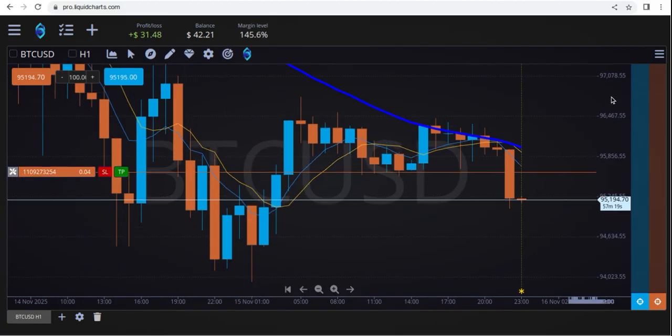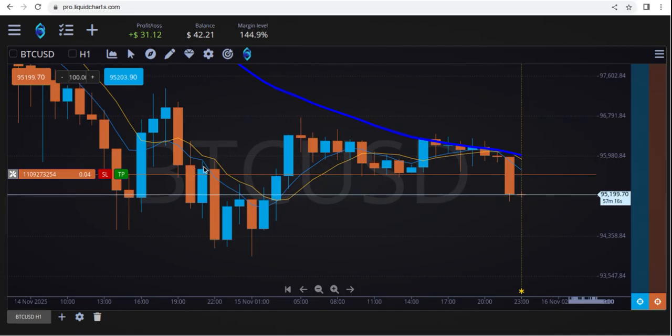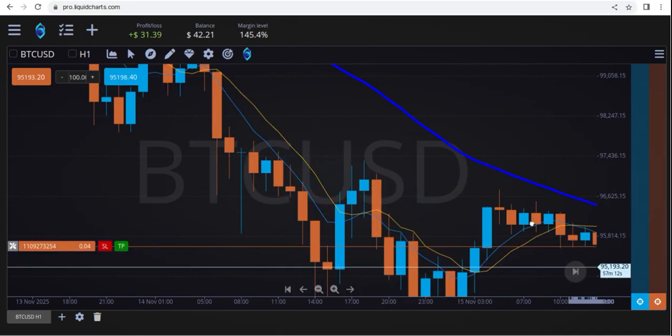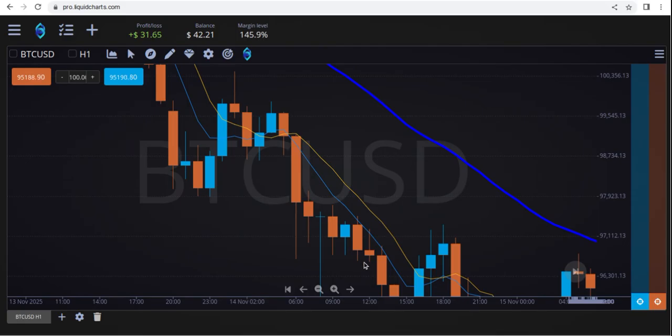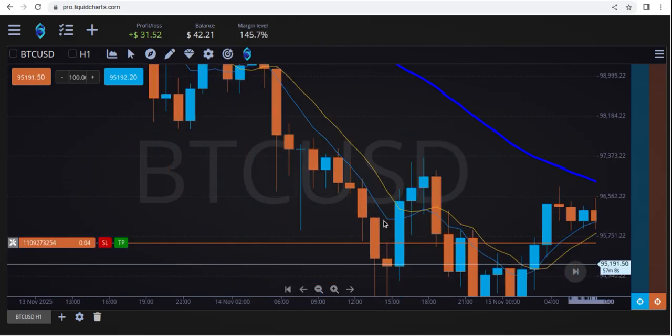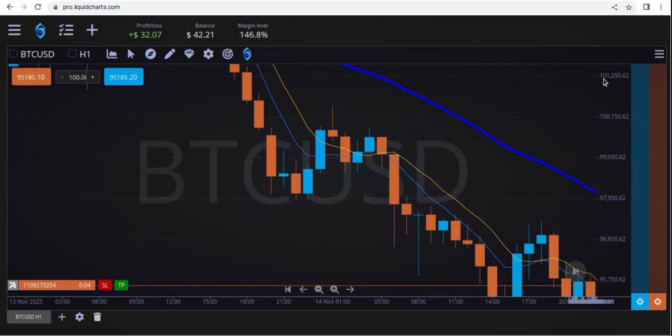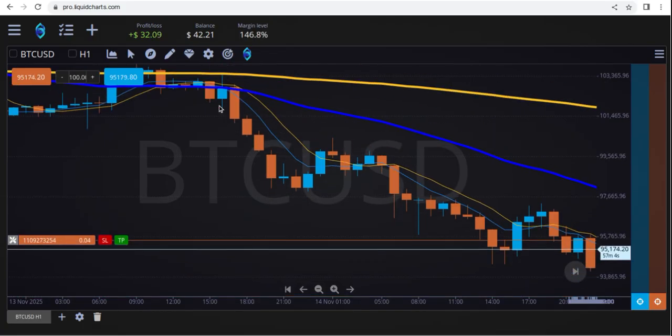Imagine if I would have got in from here to here. You know what I mean? Or imagine if I would have taken those trades from here all the way down to here, or from here to here.